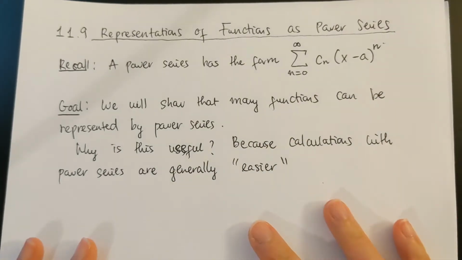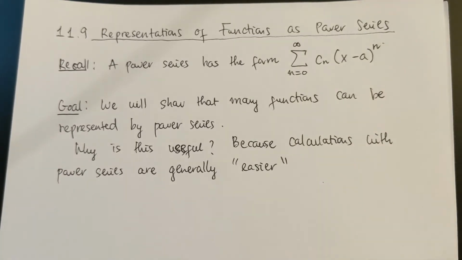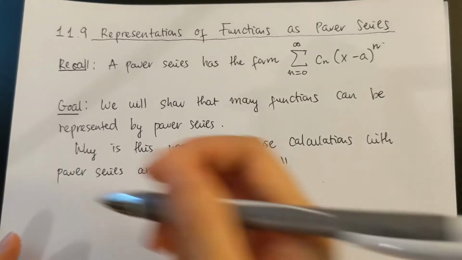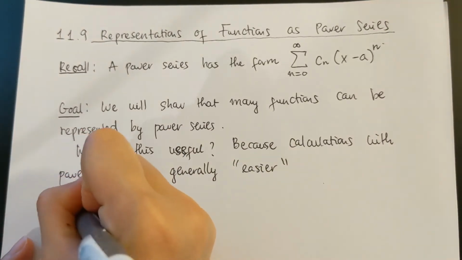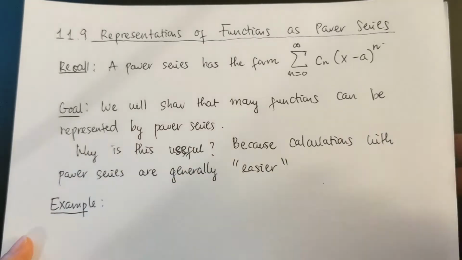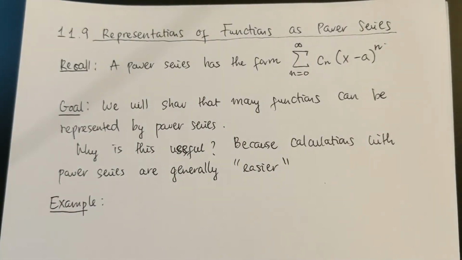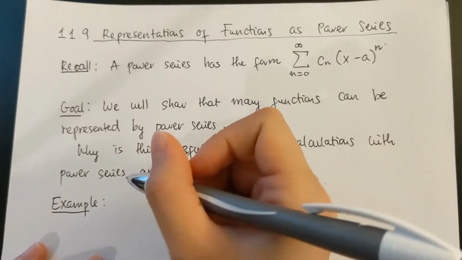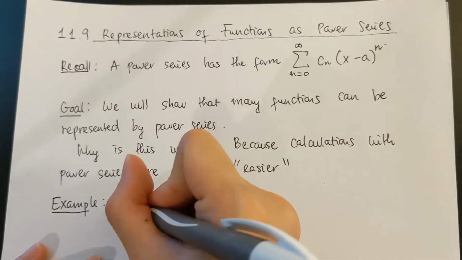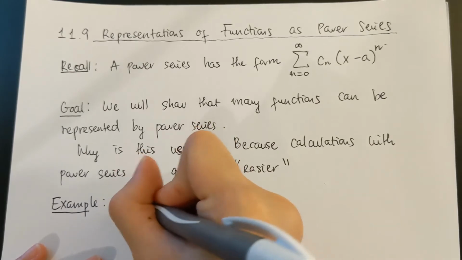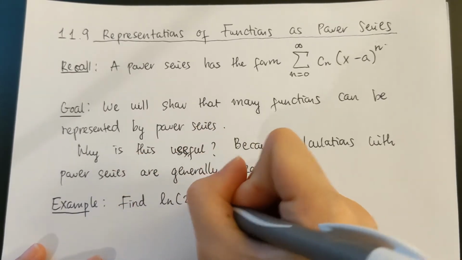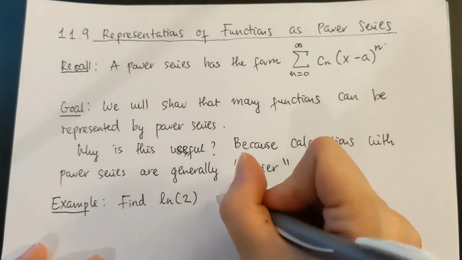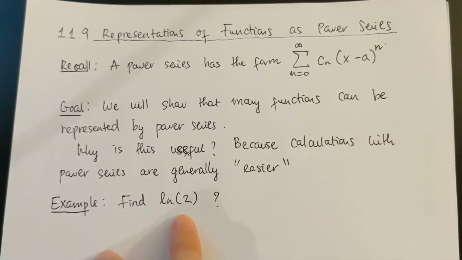Let me give you an example. So let's say you pull up your calculator and you plug in natural log of 2 and ask your calculator, give me a decimal expansion for natural log of 2.